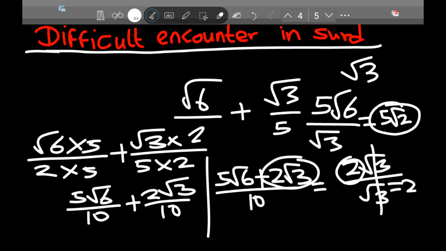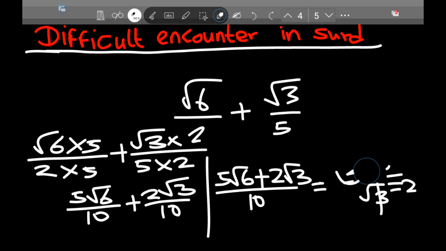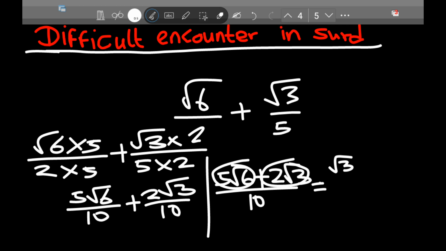Sorry, I made a mistake. 5 root 6 over here. So maybe I should clear off all this stuff that's over here. So what we should write out is root 3 because root 3 is a factor of these two expressions. So write it out.